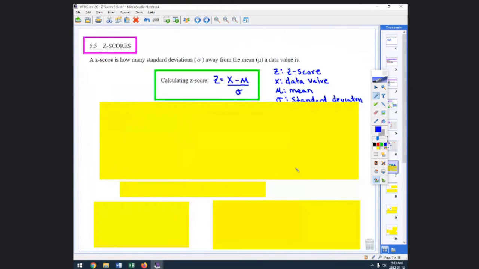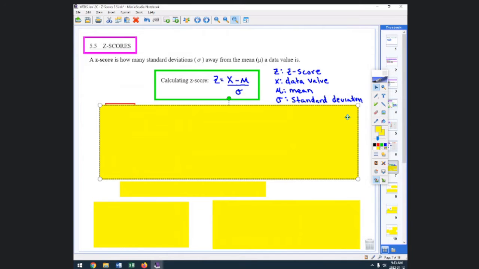All right. So how do we calculate a z-score that's not -3, -2, -1, 0, 1, 2, or 3? Well, we have a little formula. A z-score represents how many standard deviations a particular data value is away from the mean. So to get the z-score, we would have z, which represents the score.